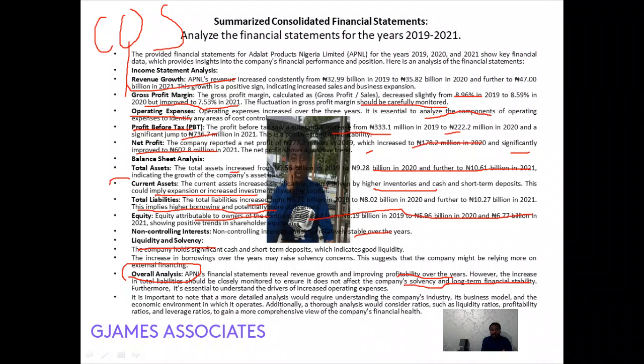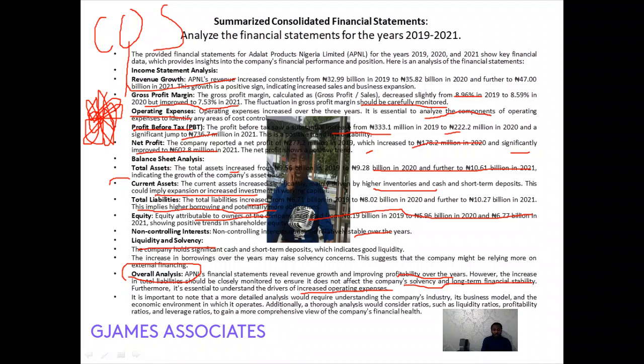If not, liquidation will be inevitable. Furthermore, it's essential to understand the drivers of increased operating expenses. You see, those are the things that I've told us here. Please make sure you do some of the workings around here before you go for the exams.